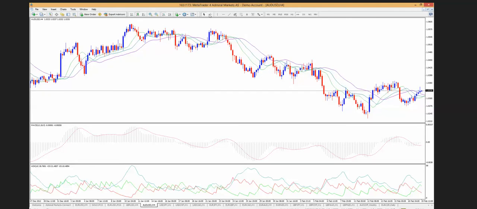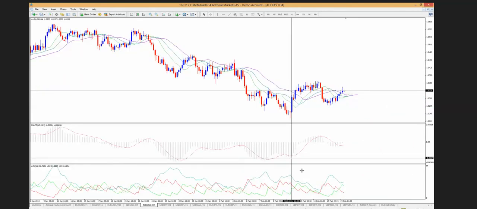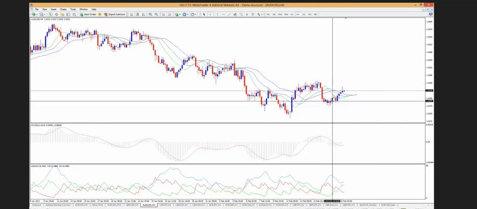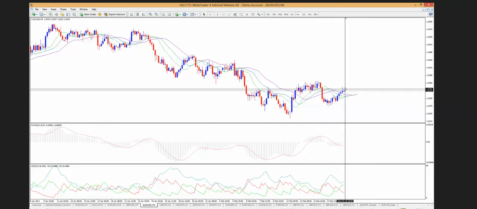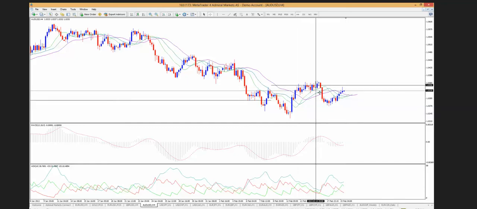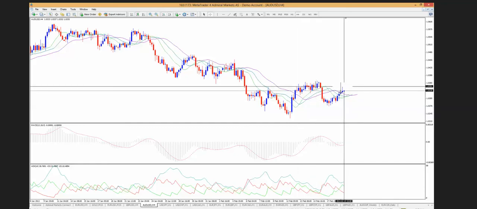We can see that on the 4-hour chart, price is actually going into the alligator here. It's a bit of a chop.